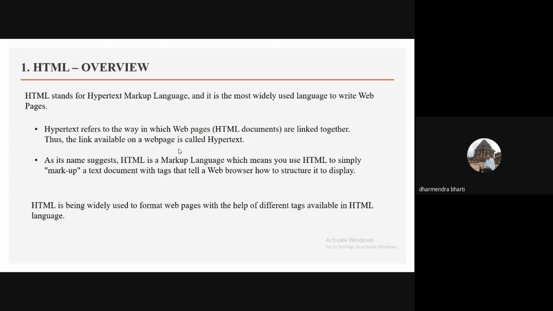So HTML overview, I told you in the previous class, now I will tell you again. HTML stands for hypertext markup language, and it is the most widely used language for writing web pages. The word hypertext refers to the way in which web pages are linked together, that is, the HTML documents you are making, the .html documents.